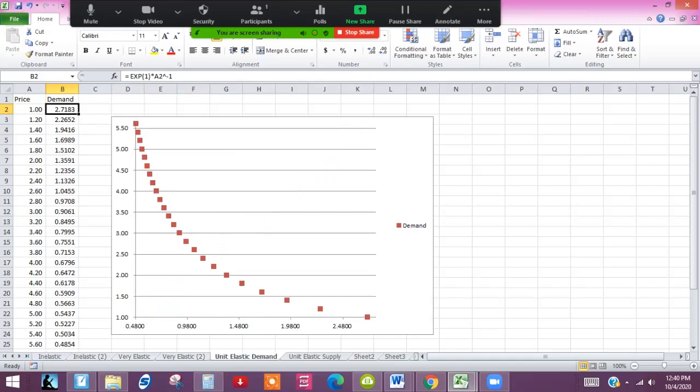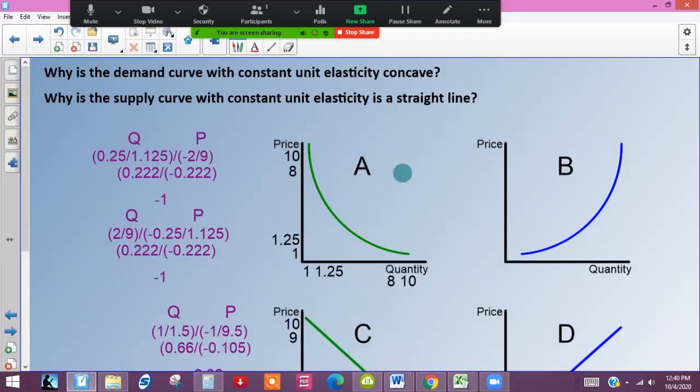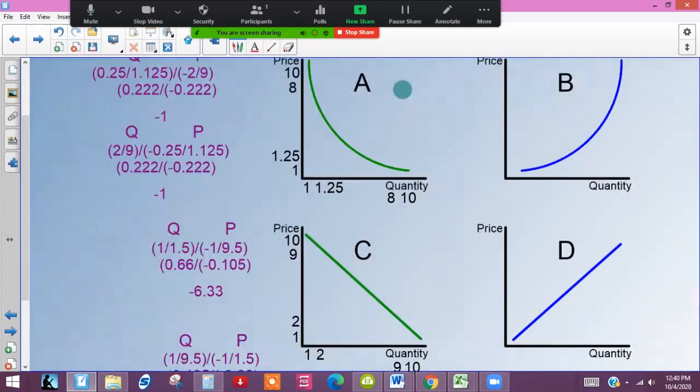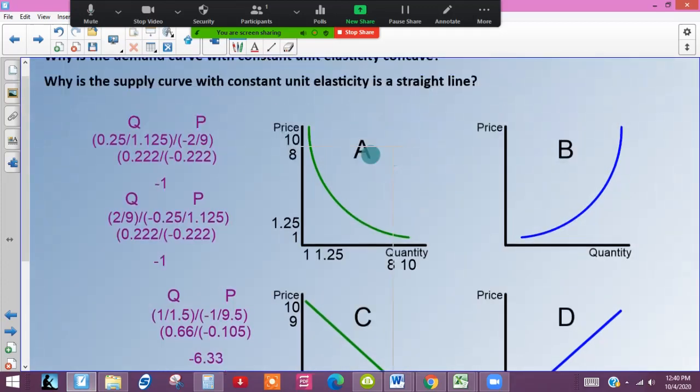So if it looks anything like this, if it's similar, and I would say that the one I've drawn here is similar. Of all the 4 graphs you're seeing here, this is the one that's closest to having a unit elastic demand curve, closest to having a price elasticity of demand equal to 1 at every point on the curve.